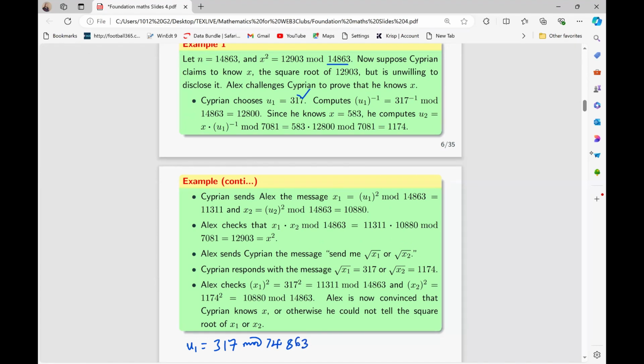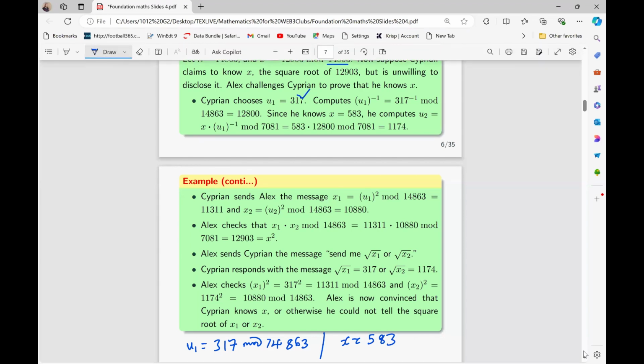Now, what is x? He has not revealed what x is, but he knows what x is. Cyprian knows x to be 583.